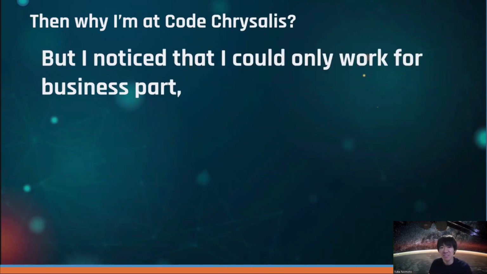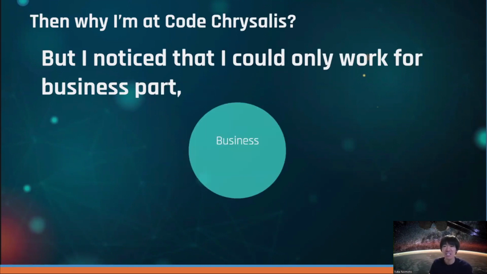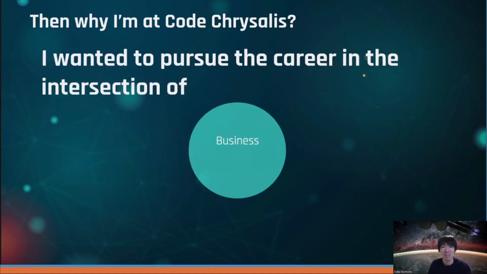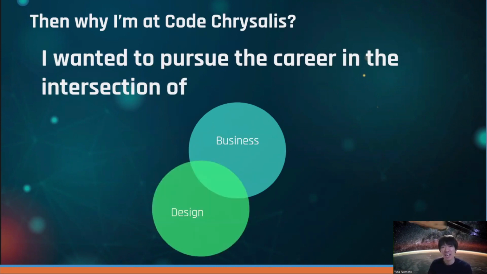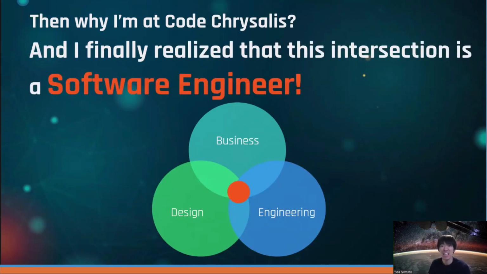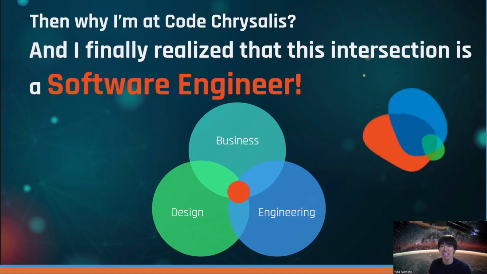But I noticed that I could only work on business parts like this. So I want to create an innovative thing by myself. I want to pursue a career at the intersection of business, design and engineering. And I finally realized that this intersection is a software engineer. That's the reason I quit my previous job, joined Code Chrysalis, and am now speaking in front of you.